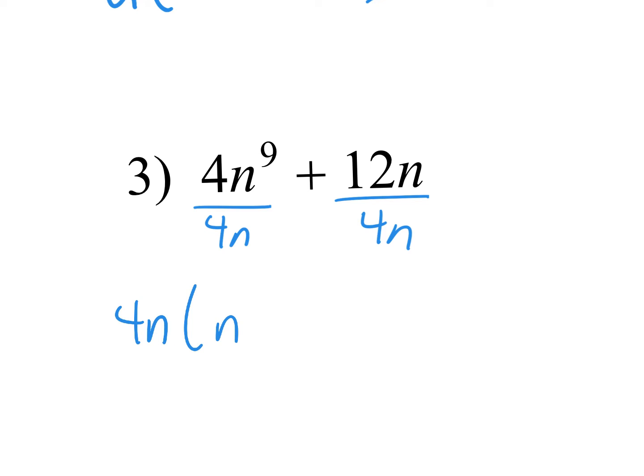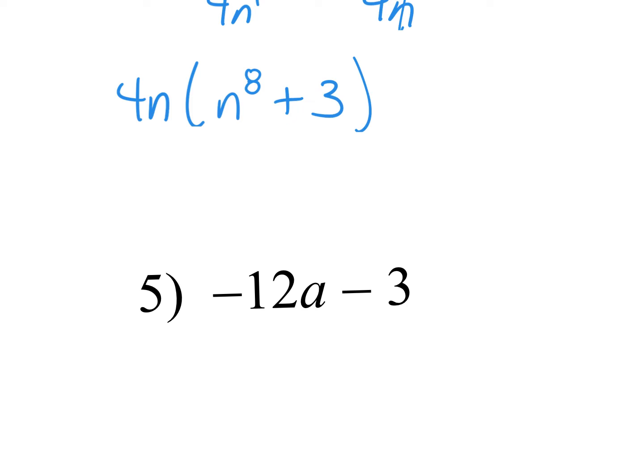You subtract the exponents. We have two variables with the same base. We're subtracting the exponents because we're dividing. So this is really n to the 1st. So 9 minus 1 gives me n to the 8th. Then 12 divided by 4 gives me 3. And n divided by n is just 1. It cancels out. So we're left with 4n times n to the 8th plus 3.